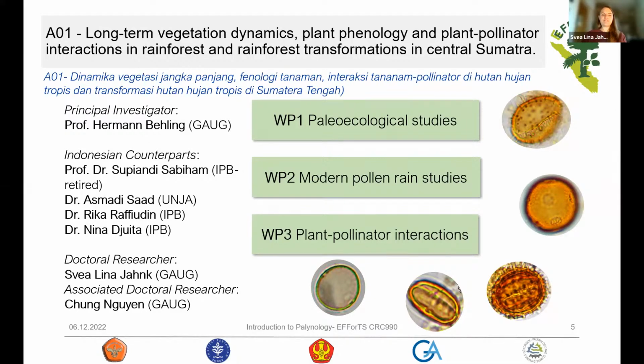The principal investigator of this project is Professor Hermann Behling from the University of Göttingen. But we are also working together with our Indonesian counterparts, which is Professor Subiandi from the University of Bogor, Dr. Asmadi Saad from University of Jambi, Dr. Rika Rafiundin, and Dr. Nina Juita from the University of Bogor as well.